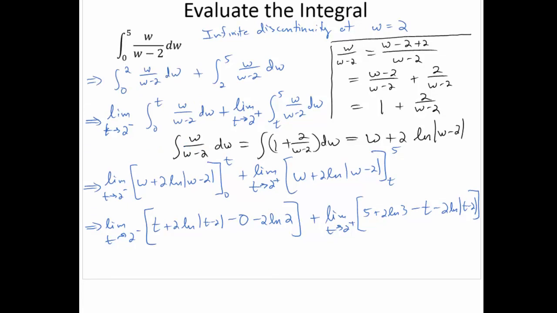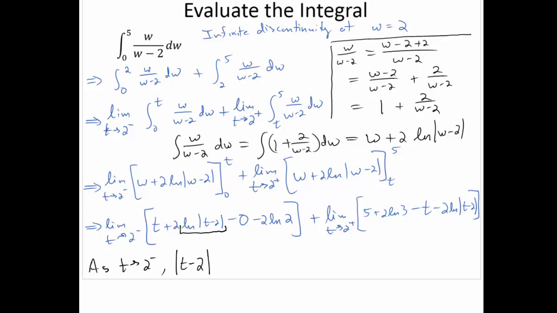All right, so now let's focus on this part right here. What happens to that natural log of t minus 2 as t approaches 2 from the left? So as t approaches 2 from the left, what happens first to the t minus 2? As we're approaching 2 from the left, say like 1.99, 1.99 minus 2 would approach 0, but wait, we want the absolute value.